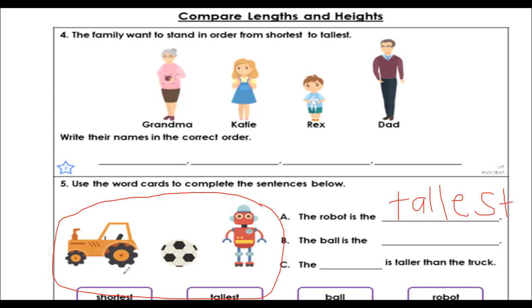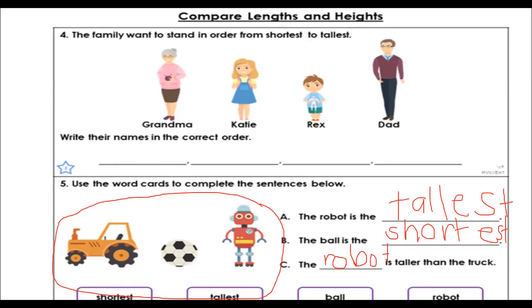How about the ball? The ball is the, very good, shortest. And the blank is taller than the truck. The robot is taller than the truck. Okay, that's great, grade 1.